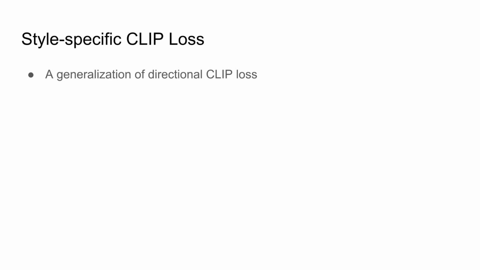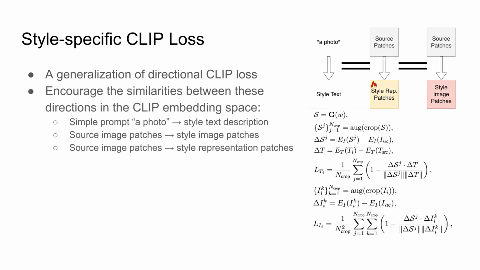The style-specific CLIP loss is a generalization of the existing directional CLIP loss. As shown in the upper right diagram, it encourages the similarities between these three directions in the multimodal CLIP embedding space: the simple text prompt "a photo" to the style text description, the source image patches to the style image patches, and the source image patches to the style representation patches.